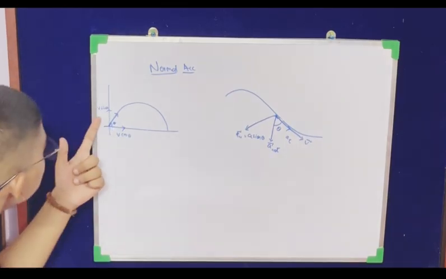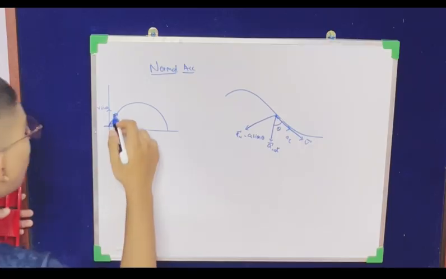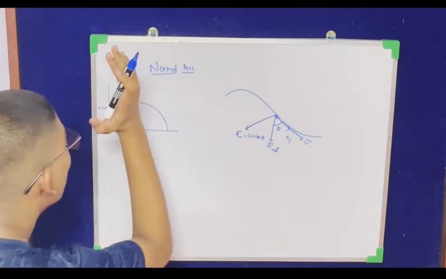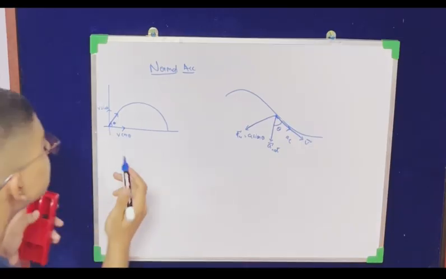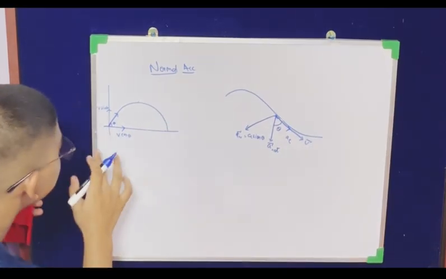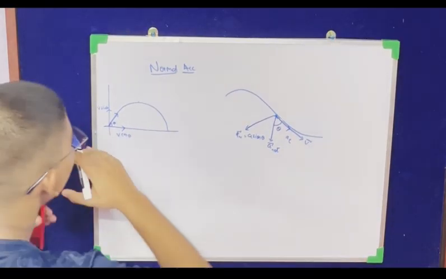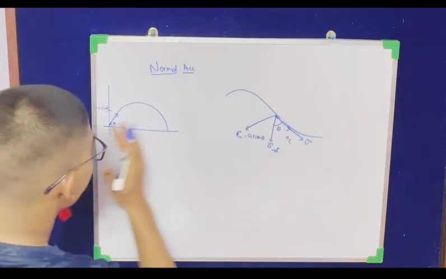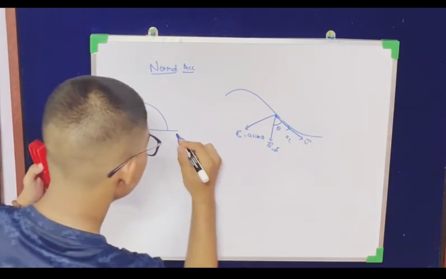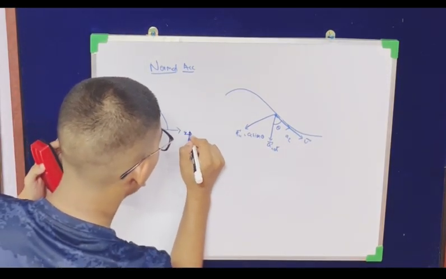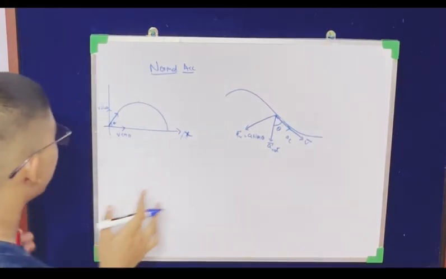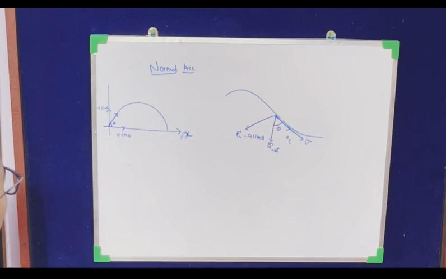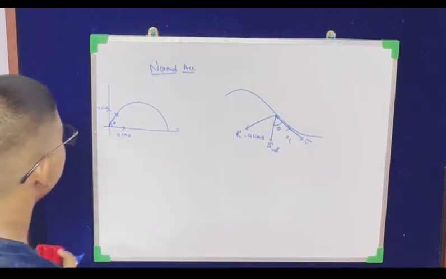This velocity makes the object move upward, which helps to reach this height, and this velocity helps to make a range in the direction of the x-axis, right? So we also represent it like this.